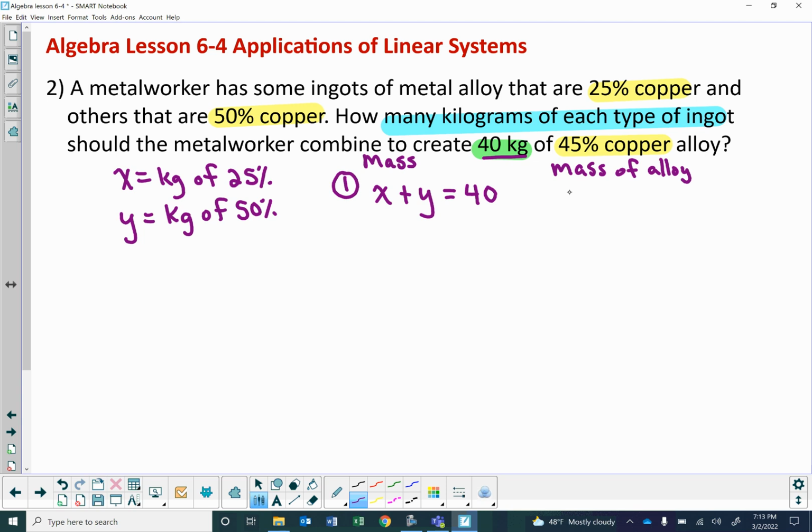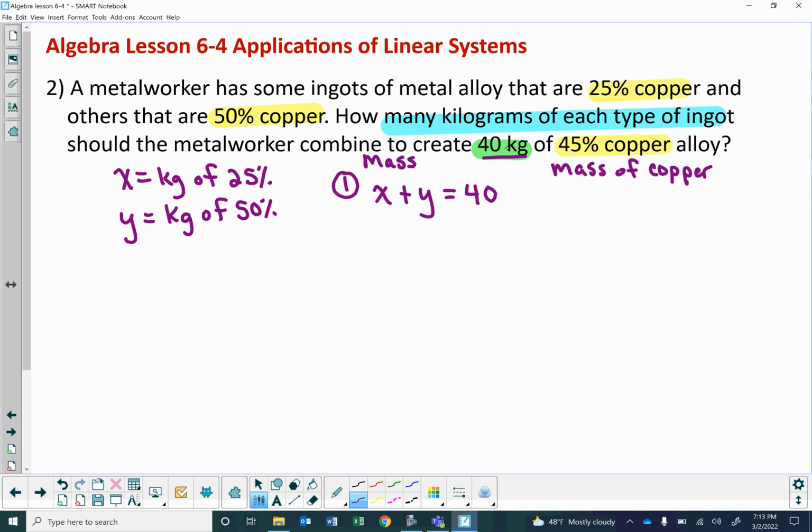Now the mass of the alloy is going to be slightly different because these have a specific percentage. Let's make a mass of copper because I'm going to confuse people if I don't. If we don't take the percentage into consideration here, we're not going to have a very good example of this problem. So how many kilograms of each type of ingot must the metal worker use to create 40 kilograms of the 45%?